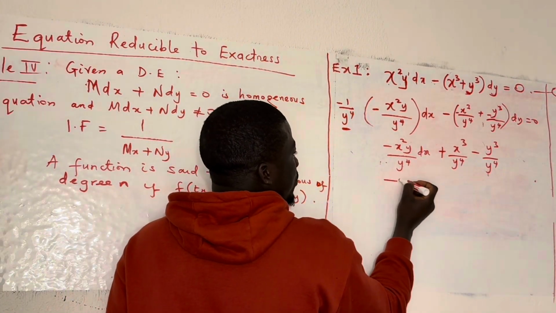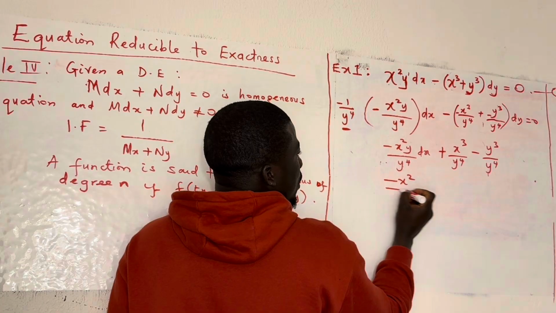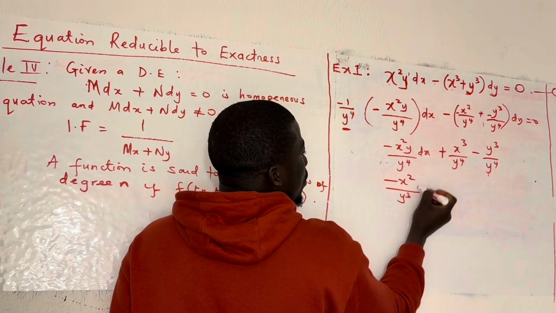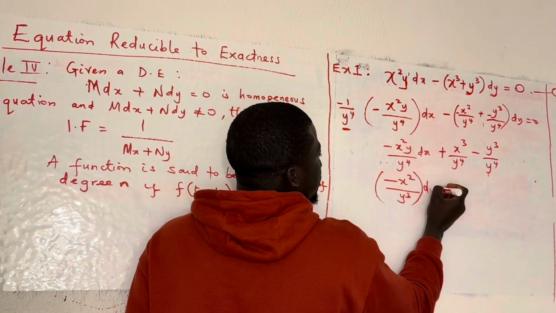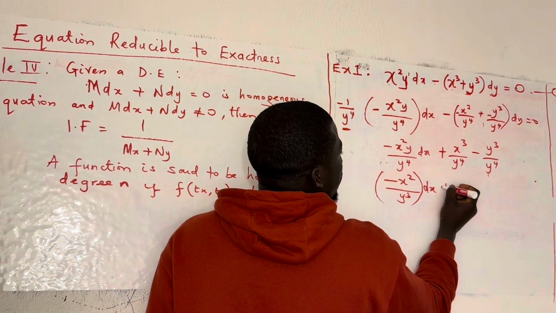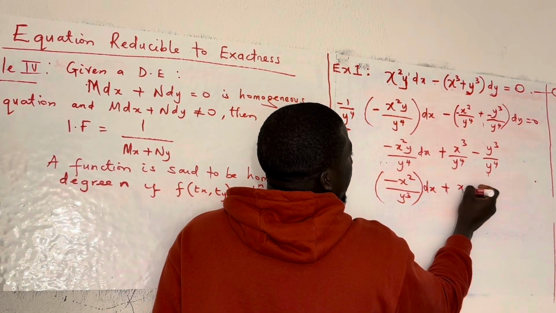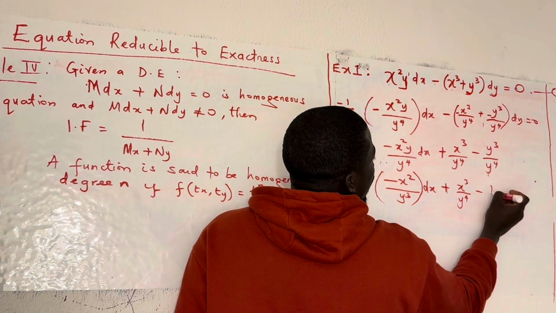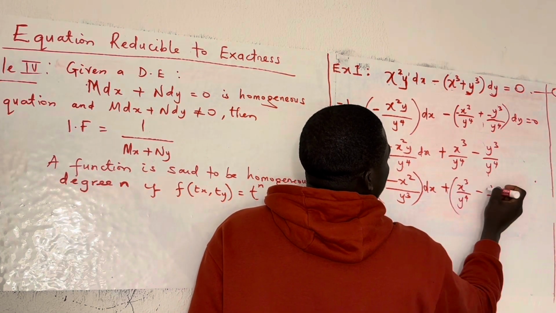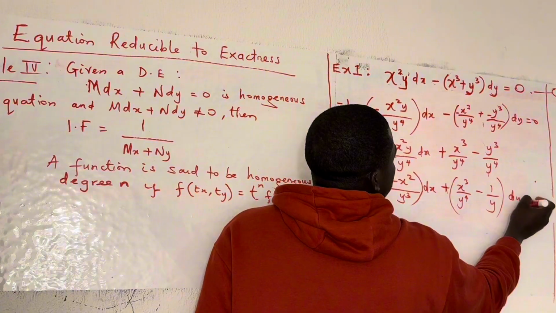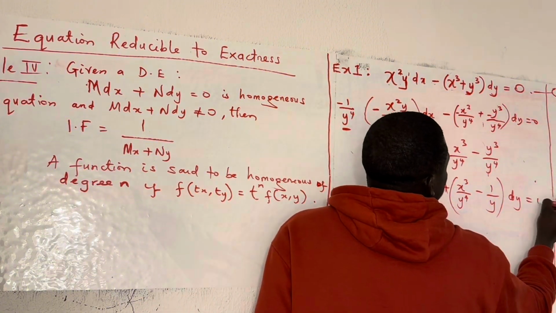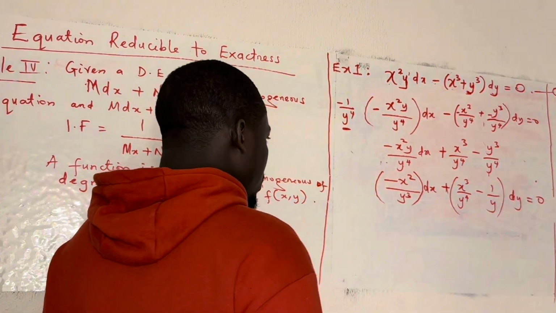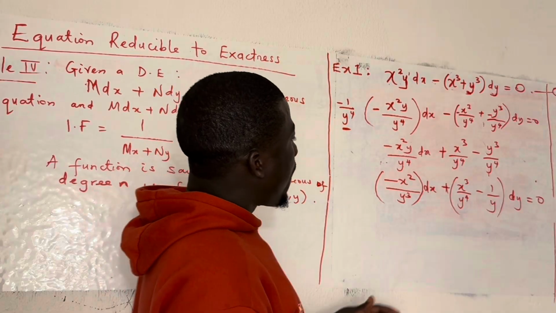We are left with minus x squared over y cubed all the dx, plus we have x cubed over y raised to power 4 minus 1 all over y, all the dy equals 0. So that is the value we got.